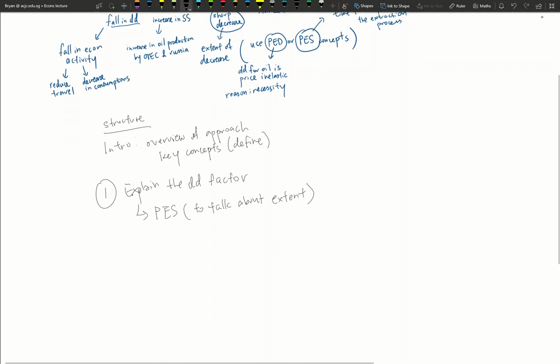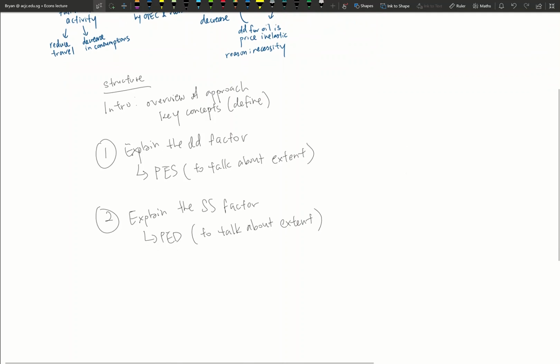So use words like the change in quantity demanded is more or less than proportionate in your explanation. And then in our second paragraph, we try to bring in a supply factor, right? Because if you only bring all demand factors, then you can be marked down for not enough breadth in your reasons. And then we will use PED in this question to talk about the extent when there is a change in the supply factor. And lastly, we always try to do the combined effect at the end.